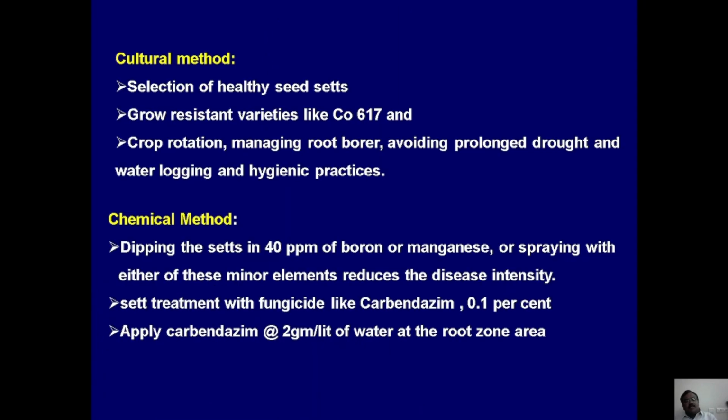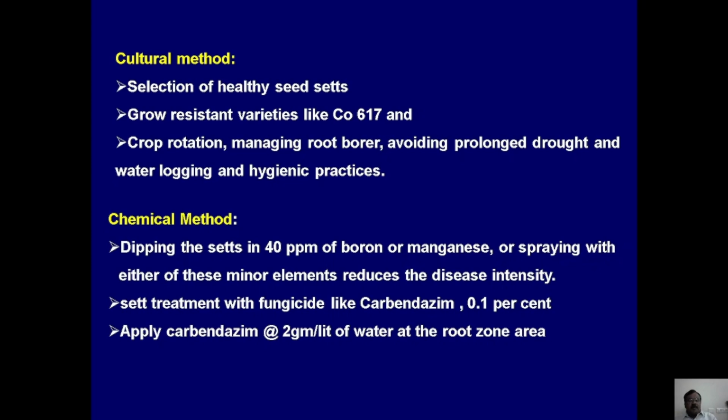Use healthy sets, as mentioned for many other diseases. The cultivar Co 617 is found to be resistant to this wilt disease. Crop rotation, managing the root borer, avoiding prolonged drought as well as waterlogging conditions, and hygienic practices are also recommended to reduce the incidence at the field level.